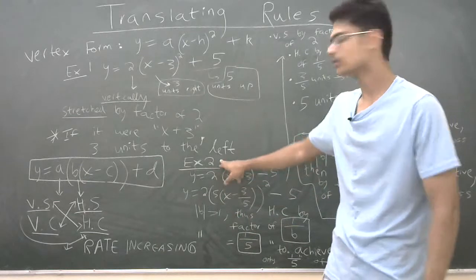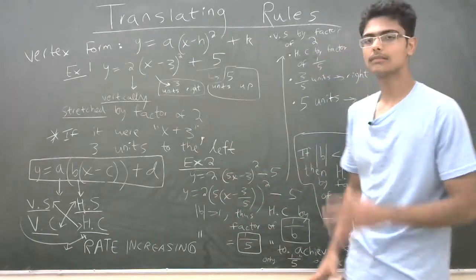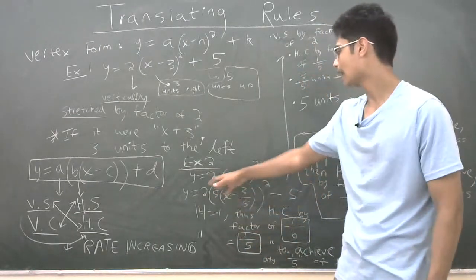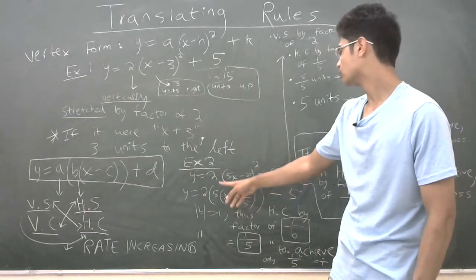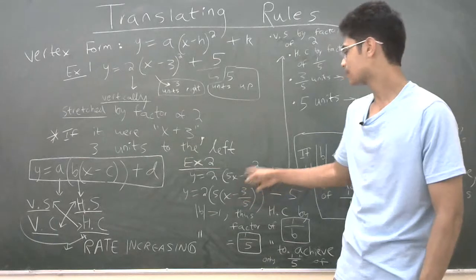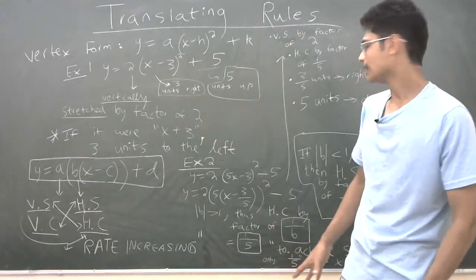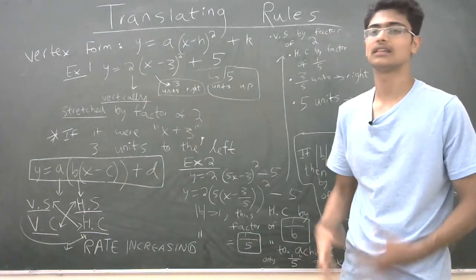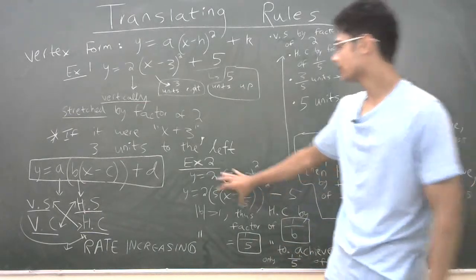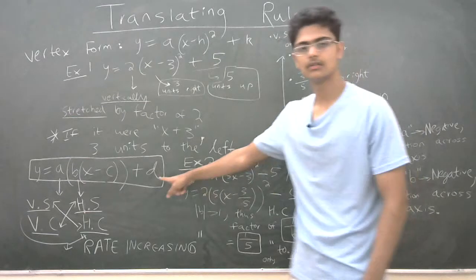Usually students get confused because when you have something like y equals 2 times (5x minus 3) squared minus 5, they make the assumption that this is 3 units to the right, but it's not, because you have to bring this equation into this form.